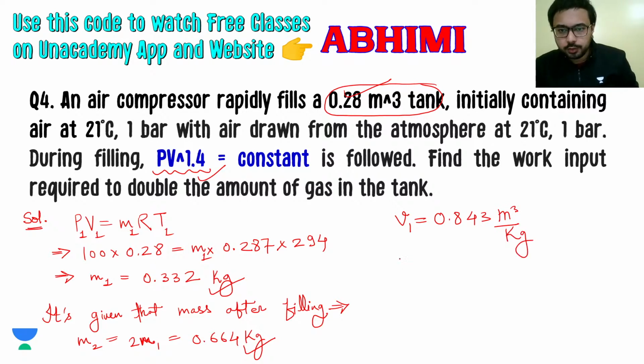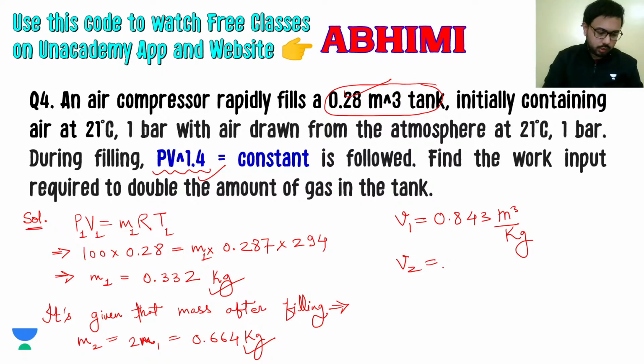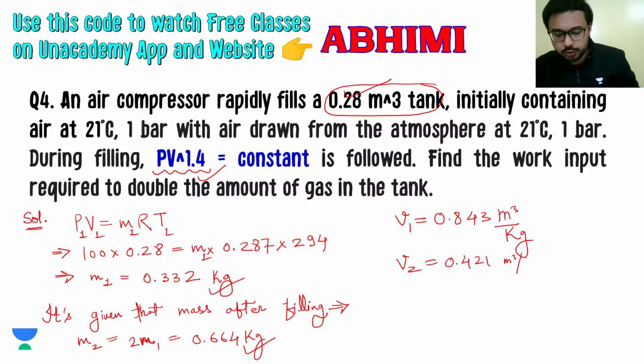Then we have V2, which will be just half of it, so 0.28 divided by 0.664. So it will come out as 0.421 meter cube per kg.